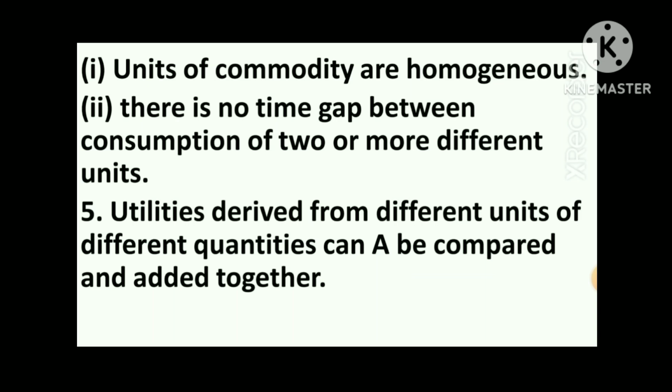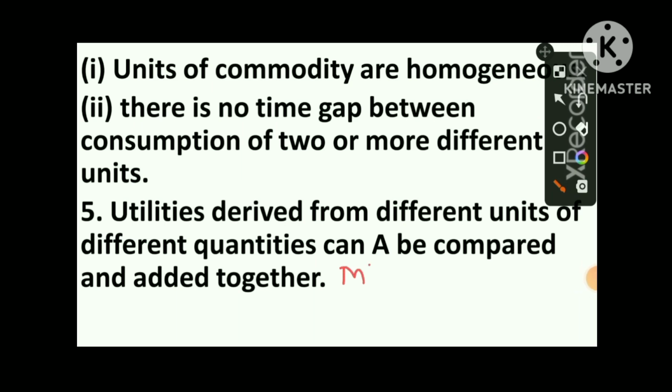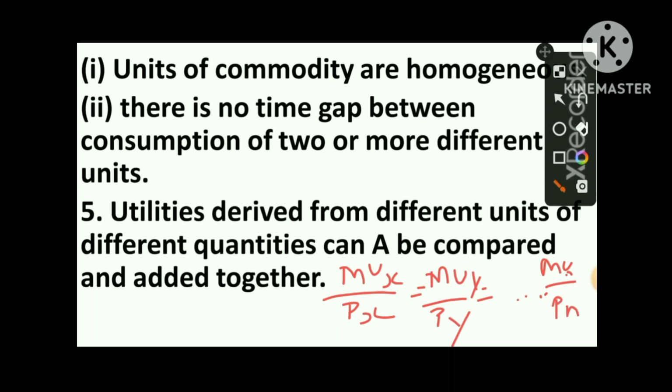In the two or more commodity case, the ratio of marginal utility of the individual commodities to their prices should be equal to the last rupee spent on all commodities. MUx divided by Px is equal to MUy divided by Py is equal to MUn divided by Pn.